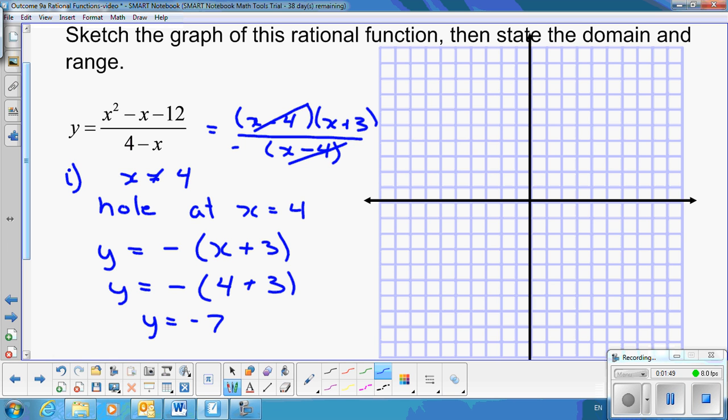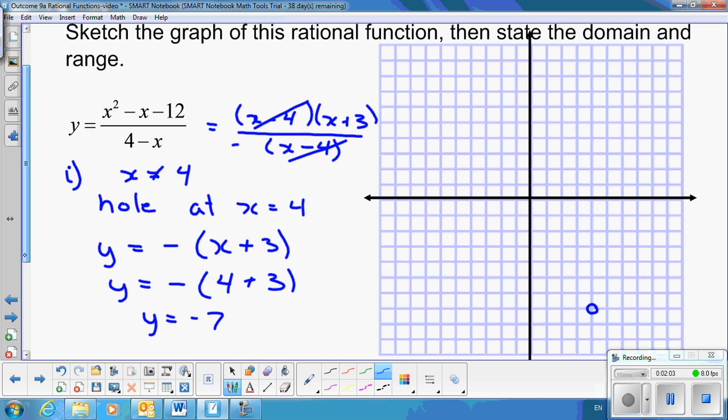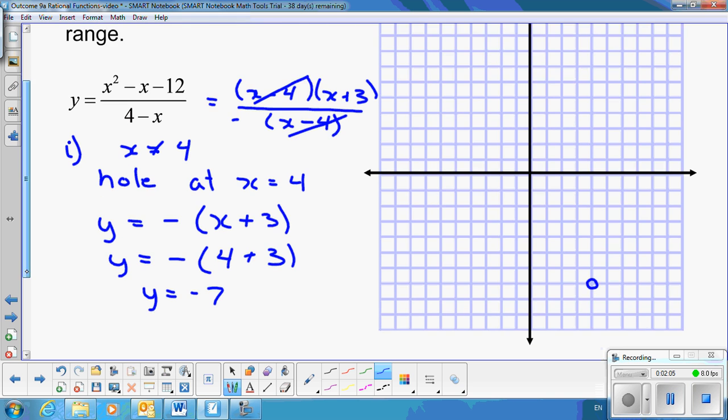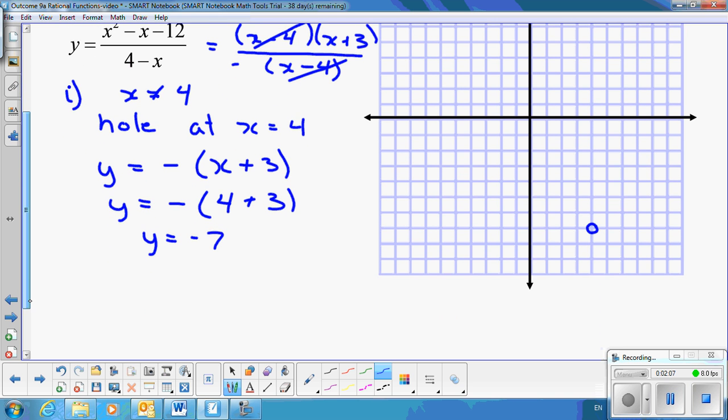So I'm going to have a hole in my graph at the point positive 4 and negative 7. So this point is going to be a hole in my graph. I end up with no vertical asymptotes for this one because I have no other values that are non-permissible.